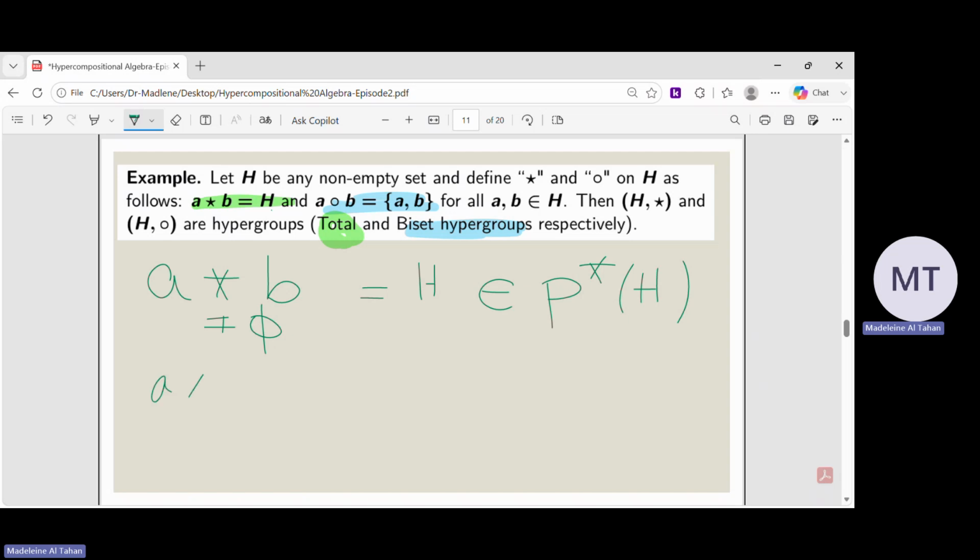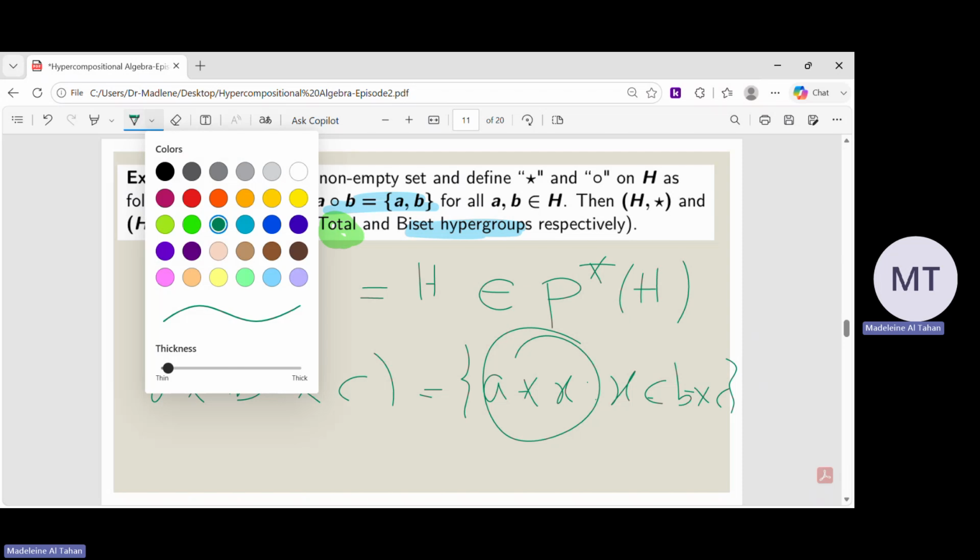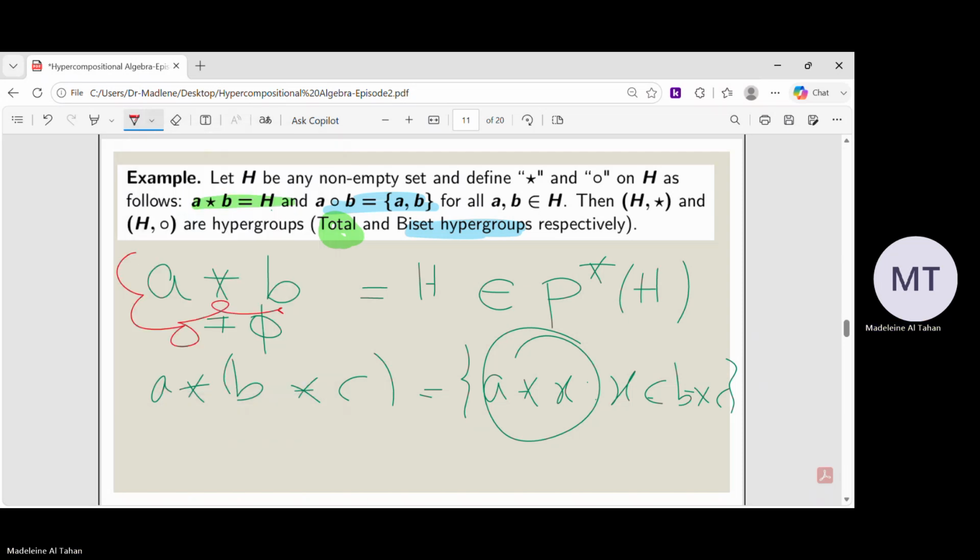Now we need to check whether it's associative or not. For associativity, our aim is to find a star (b star c) and to find (a star b) star c. If we look at a star (b star c), it is the union of all a star x with x in b star c. But a star x, if we look at this one, is equal to H. We're done with this one.